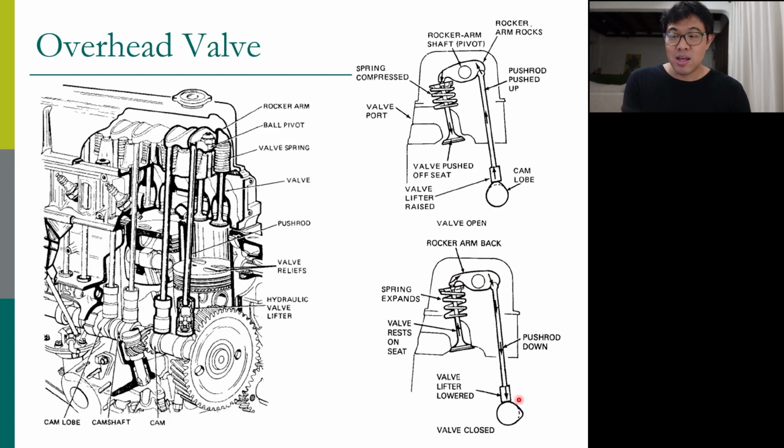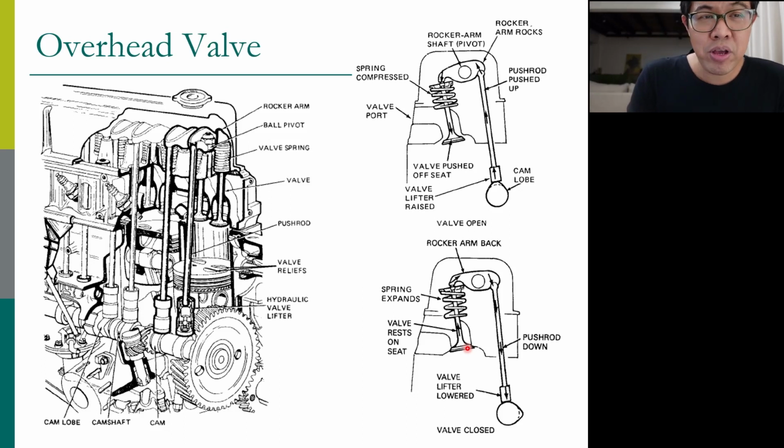Which means that when you want to control the opening of the valve, there is some delay between the camshaft and the valve. And this valve opens very fast. It opens every cycle, like 2000 times per minute, which is quick.